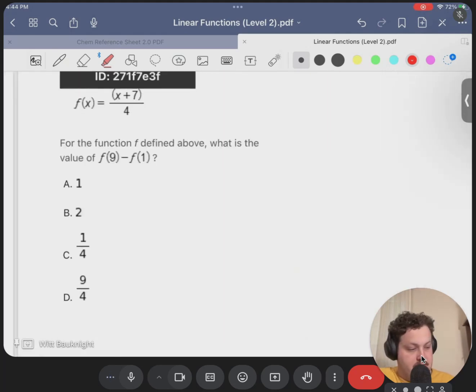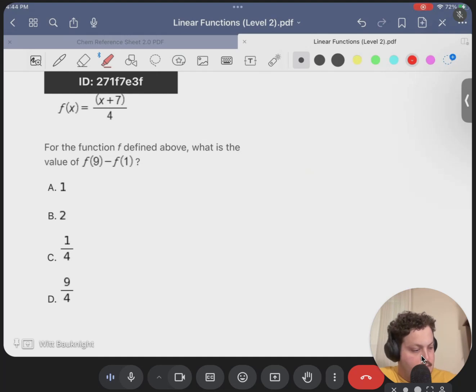All right, have a function there. For the model, for the function f defined above, what was the value of plugging in 9 minus plugging in 1? Think about the quickest way to do this, and the quickest way for me is to just write it out. 9 plus 4, 7 over 4, minus 1 plus 7 over 4.